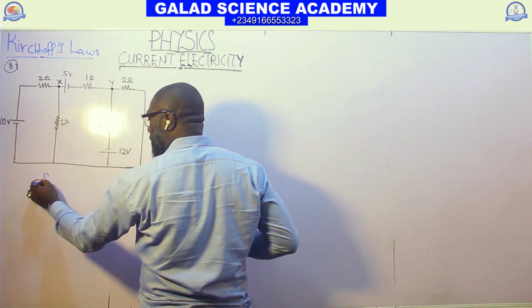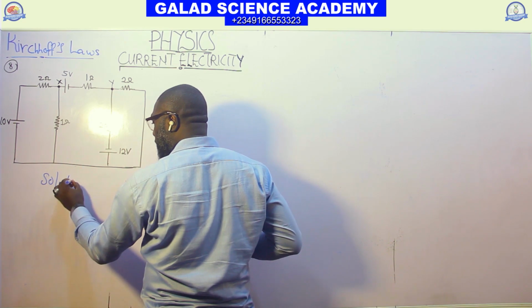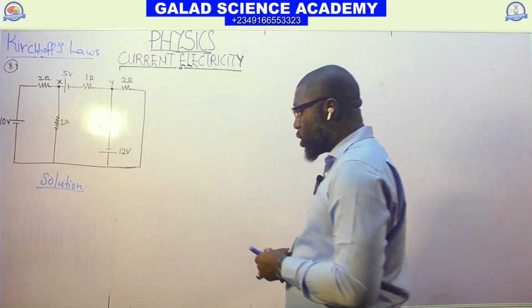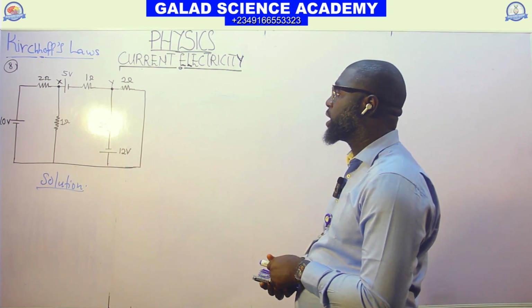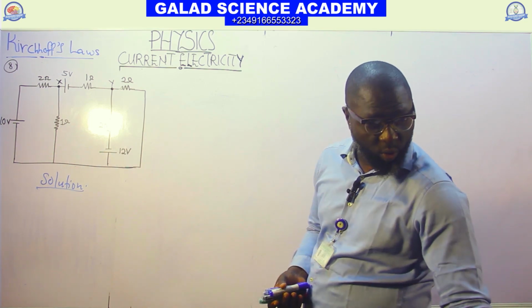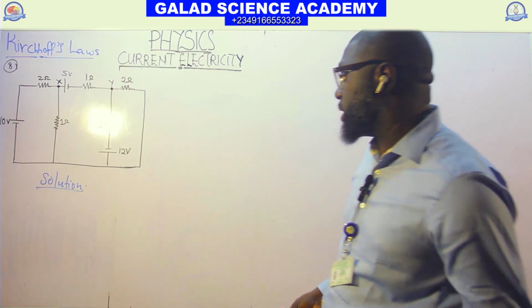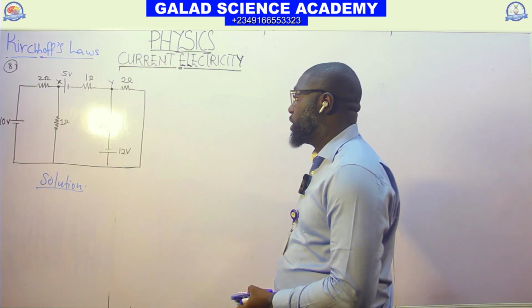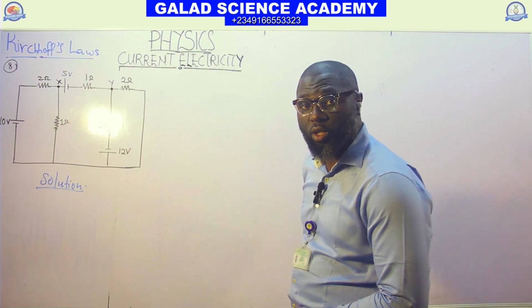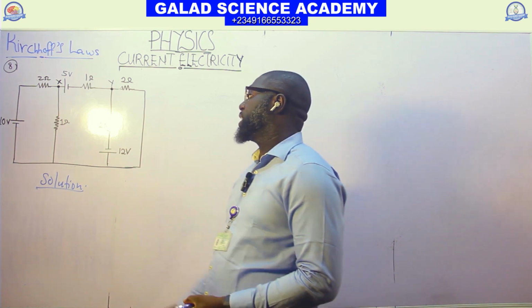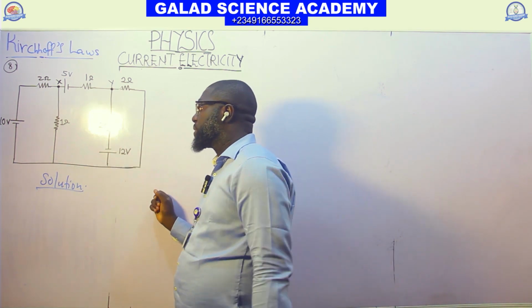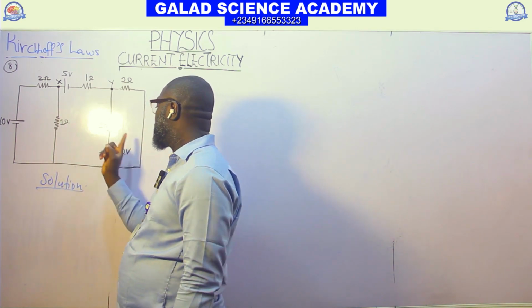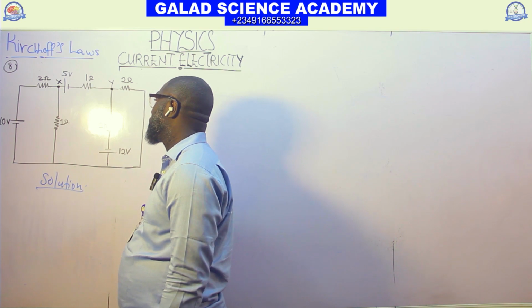Solution. The question from the sketch is you are asked to find the current that flows in each resistor.